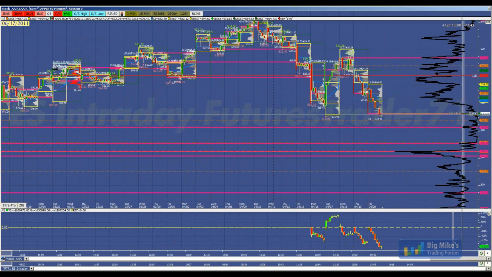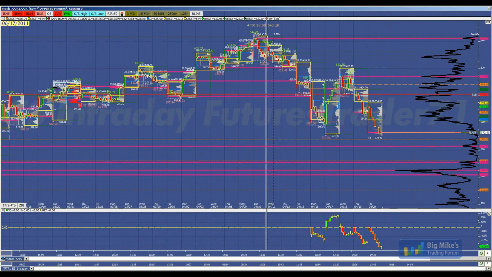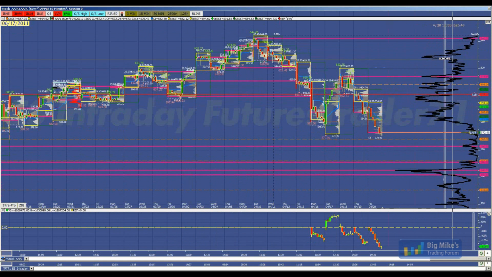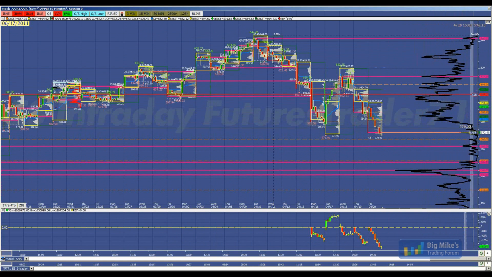What Apple's doing is it's made new all-time highs, and it traded a fair amount in these all-time highs. It has certain prices that it likes, okay, right up here. But now it's getting into the low volume nodes.